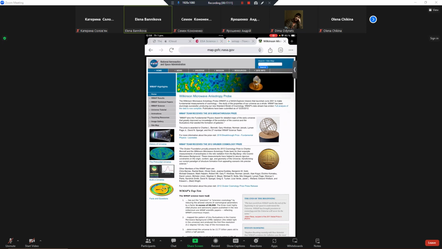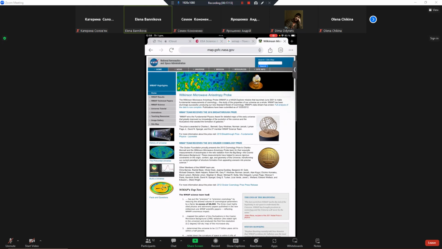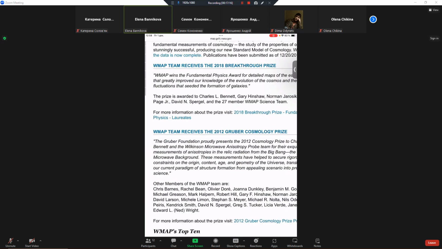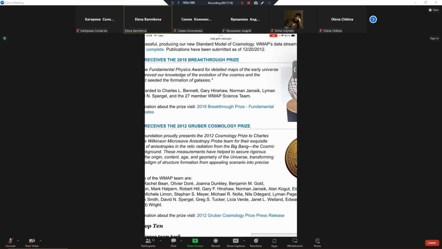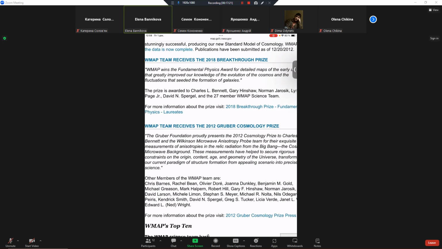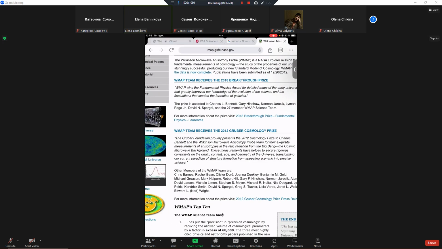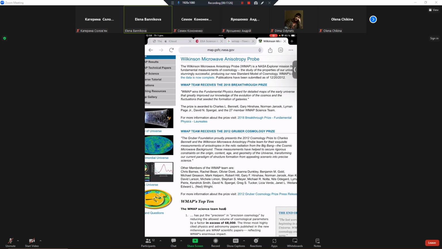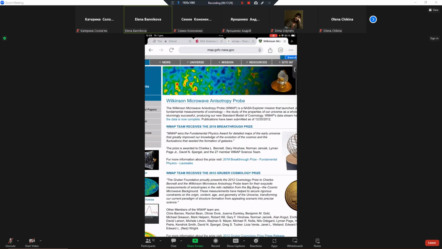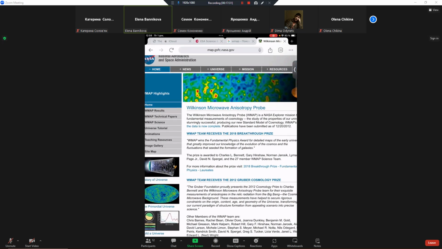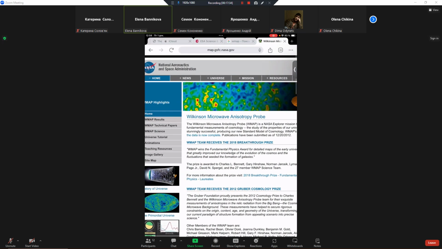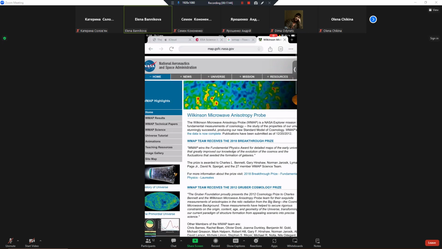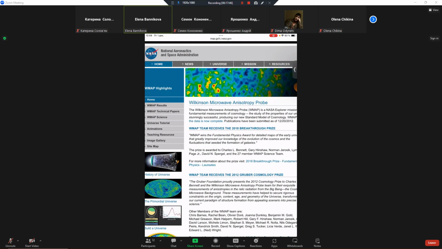You can see here the team received the Gruber Cosmology Prize, and also Kobe received the Nobel Prize. Let's go here. You can, for example, go to this page. This is the National Aeronautics and Space Administration, which you know well, maybe, NASA, four letters. And NASA was responsible exactly for this satellite.